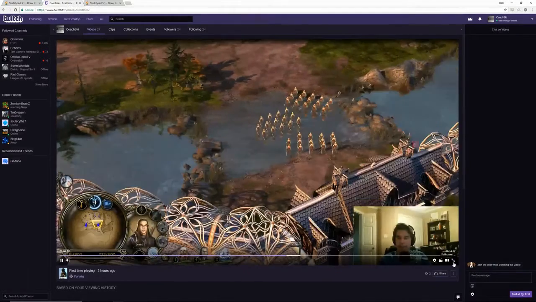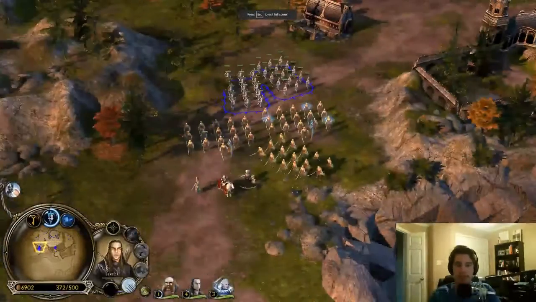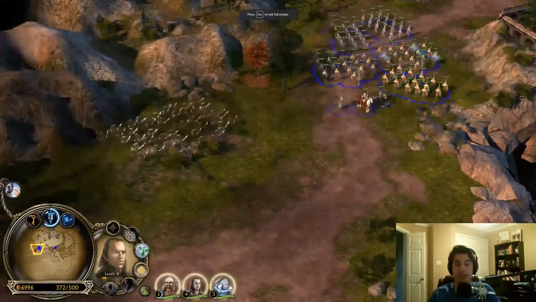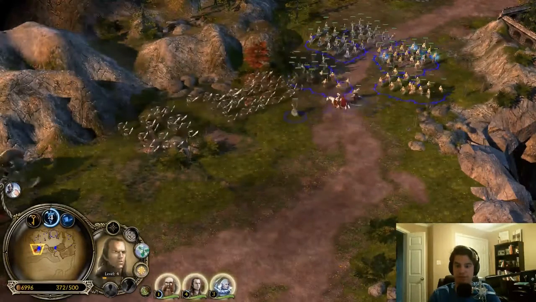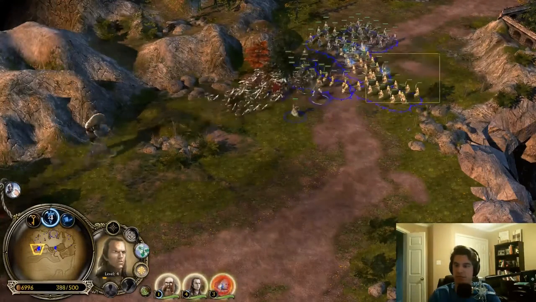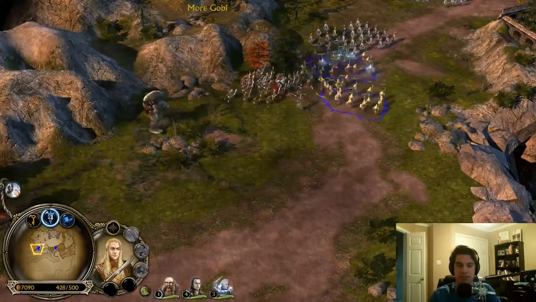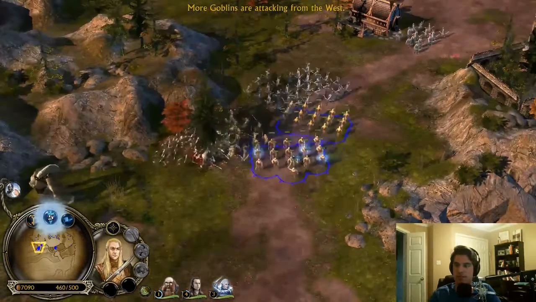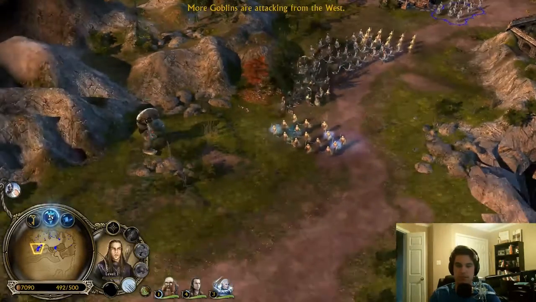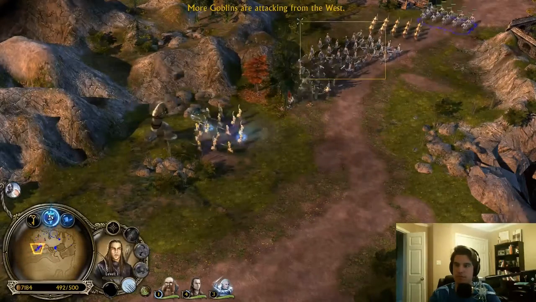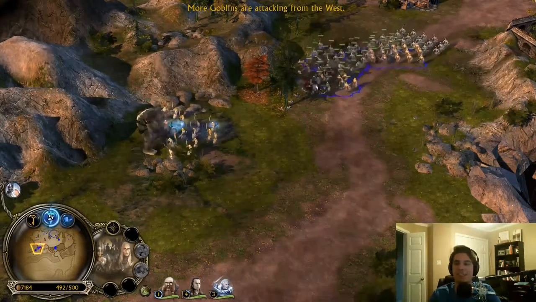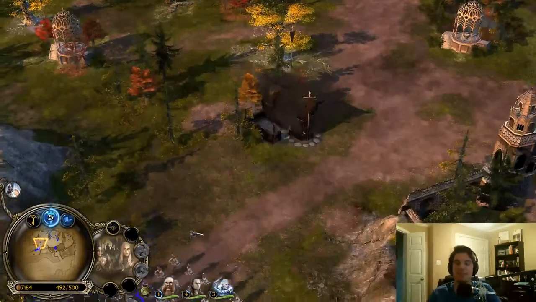Right here. I don't know if you heard that, but some eagles are coming to help me out. Okay, I need to focus on that dude. Come on, everybody, go take out the mountain giant. Please don't let me lose this building.